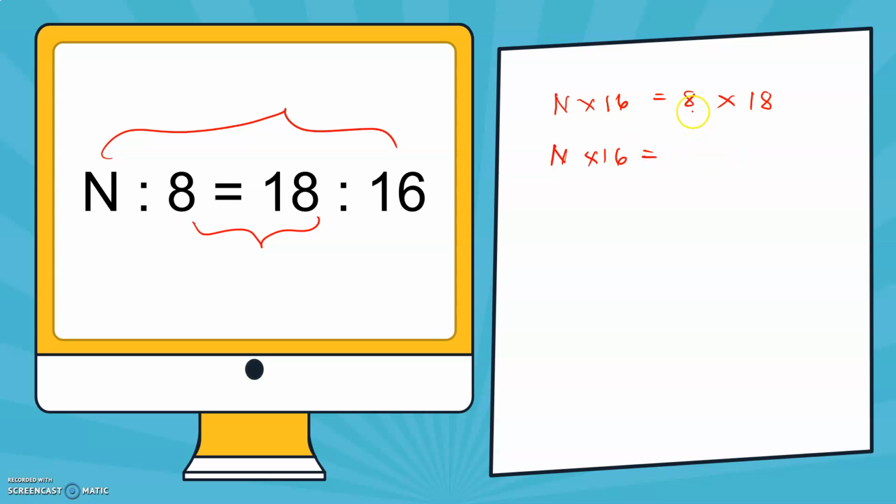We cannot multiply them. 8 times 18 will give us 144. For us to find the value of n, we will divide 144 by 16. Let's try 9. 9 times 6 is 54. 9 times 1 plus 5 is 14. So the value of n is 9.